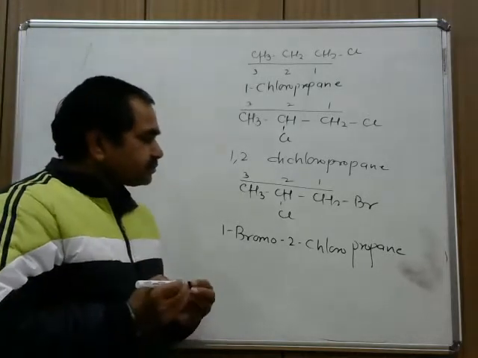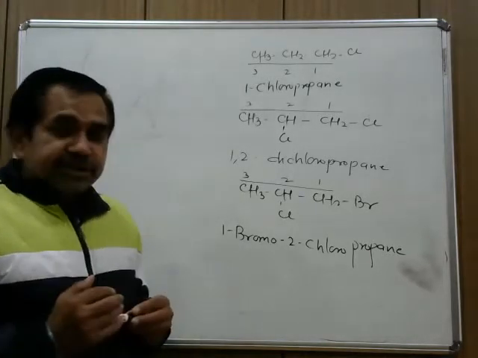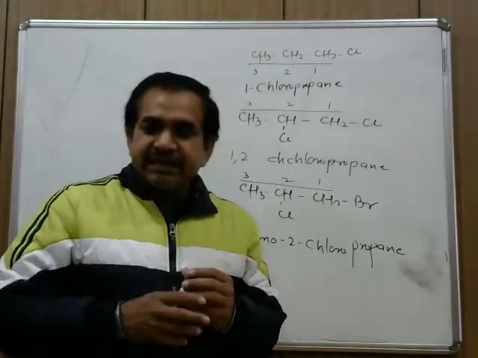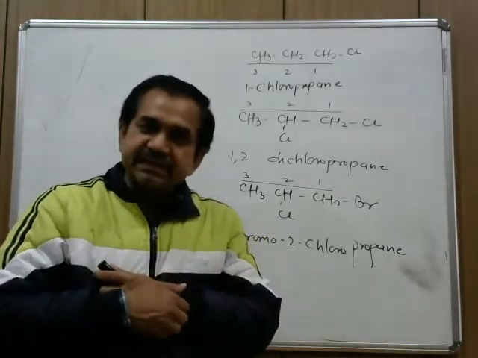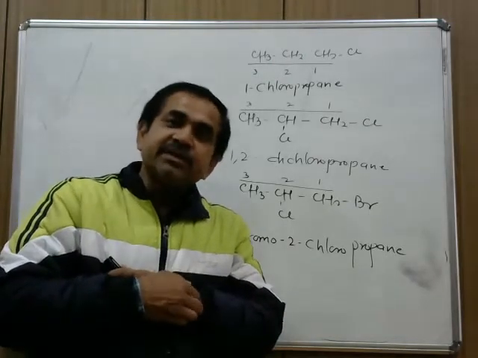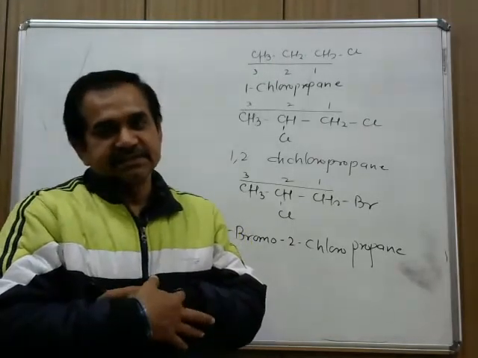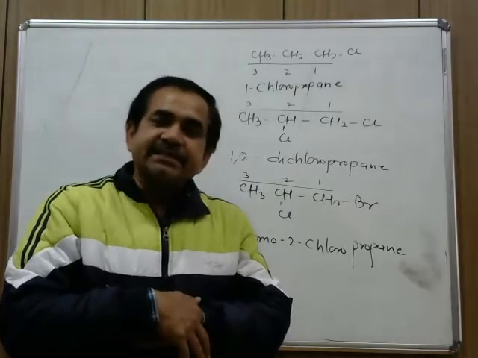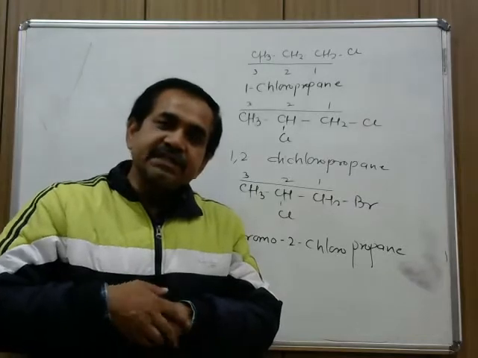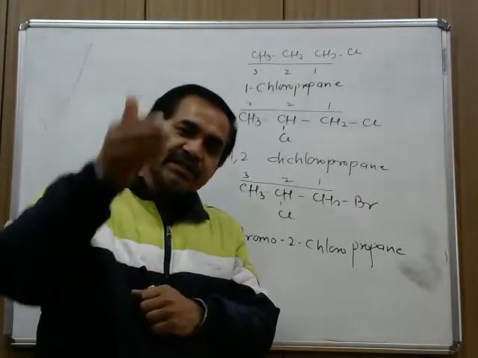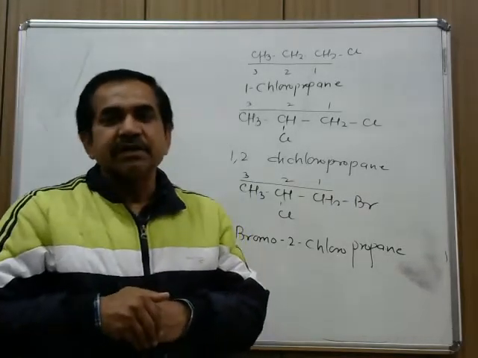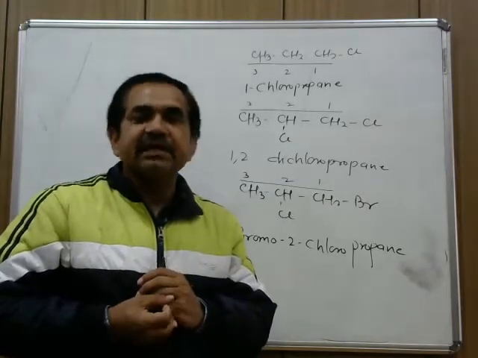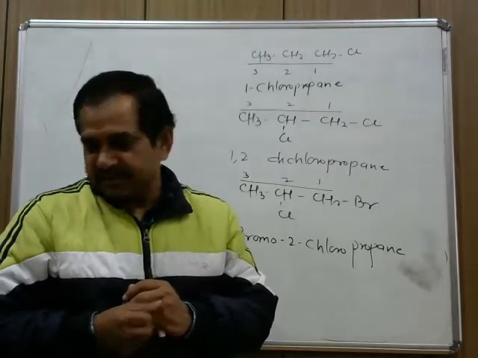Now, if the positions of two halogen atoms or two substituents are the same from either side, then numbering is done from the side which gives the lower number to the substituent whose name comes first in alphabetical order.